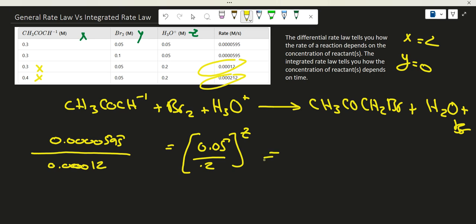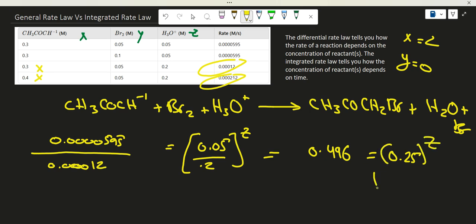So 0.0000595 divided by 0.00012, you end up getting almost a half, which is 0.496, and that should be equal to 0.05 divided by 0.2 which is equal to 0.25, and this should be raised to the power of z.